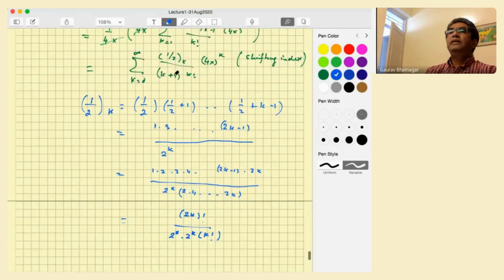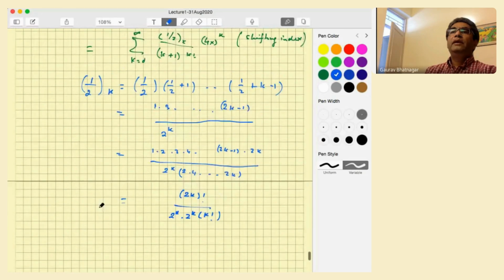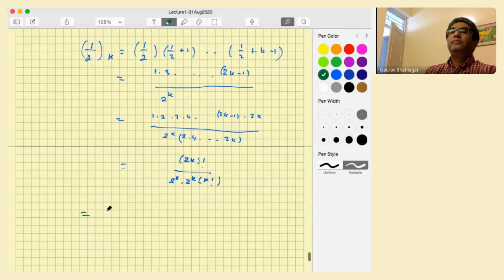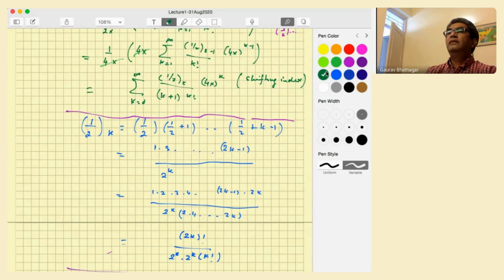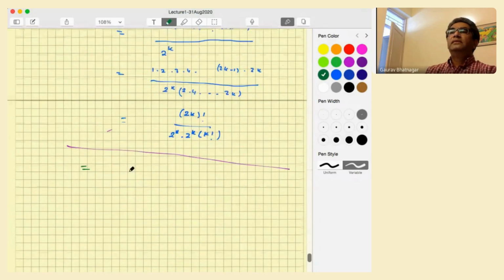This top part is basically, let's assume that this was in a rough part of the thing, and the same equal to sign works. So k going from 0 to infinity.